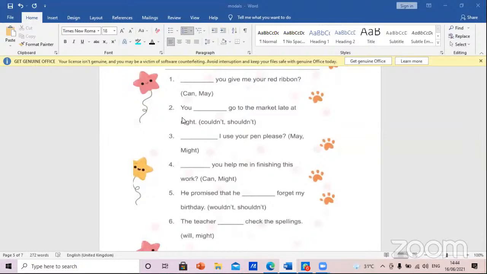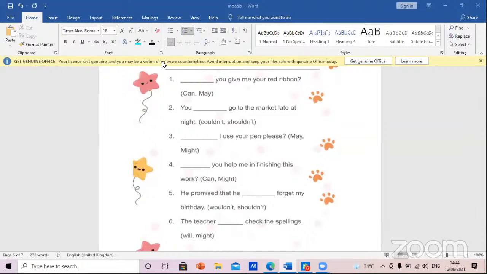Second one. You go to the market late at night. The second one, what is the answer? You can send it to the chat box. Couldn't or shouldn't?